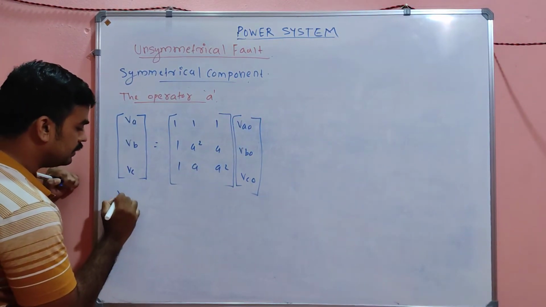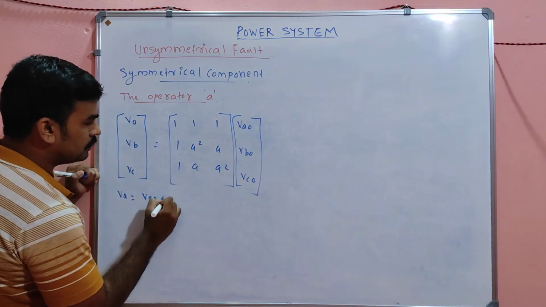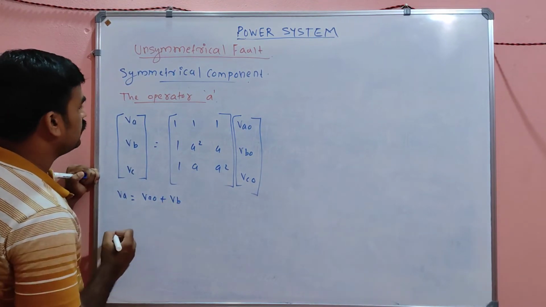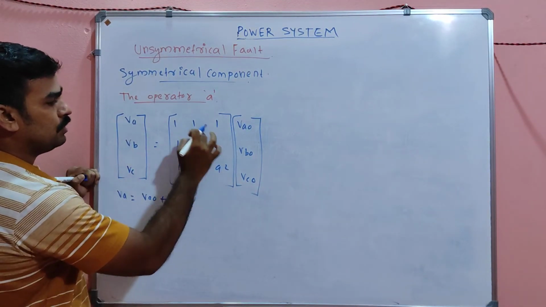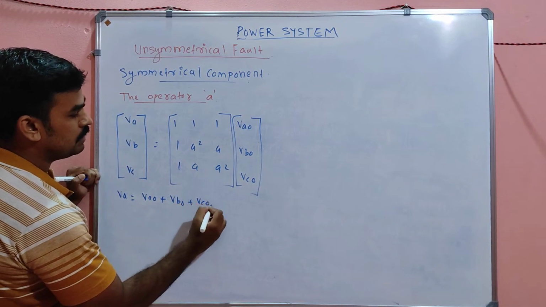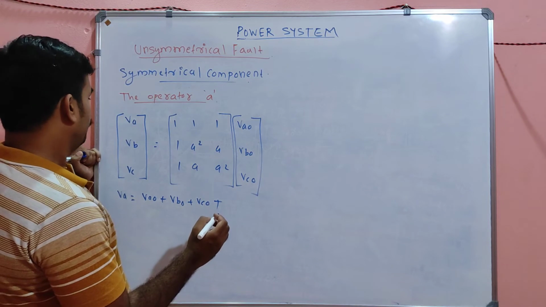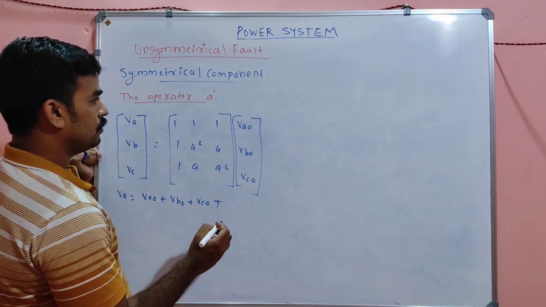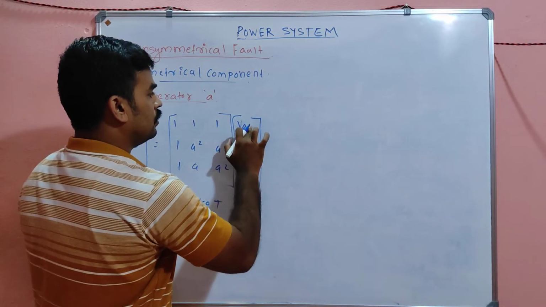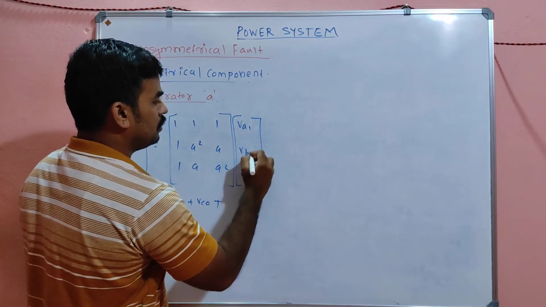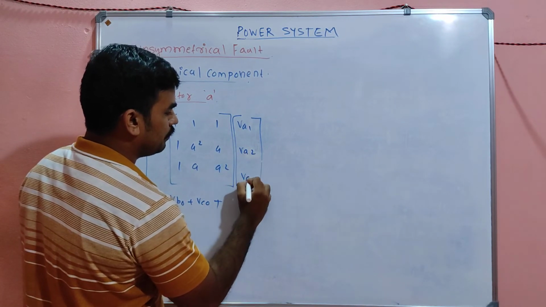This can be written like VA equal to VA0 plus VB0 plus VC0 plus... VA will be equal to A1, A2, A0, correct.